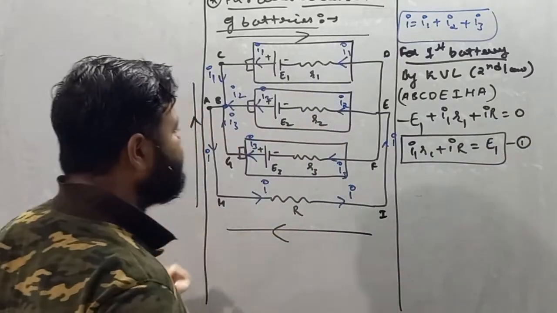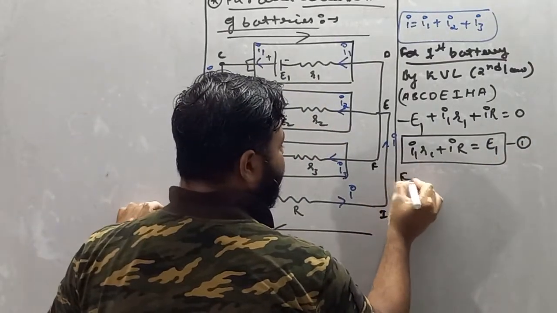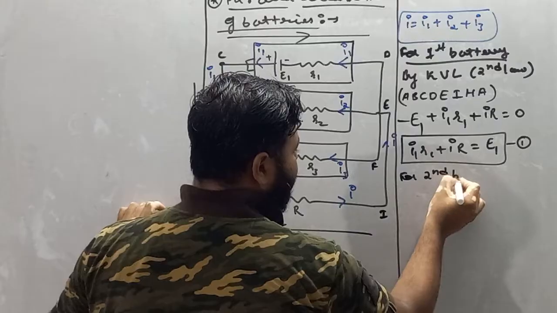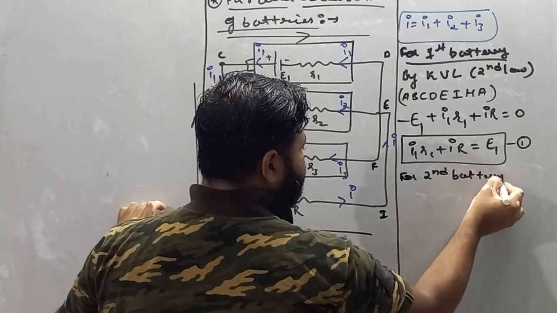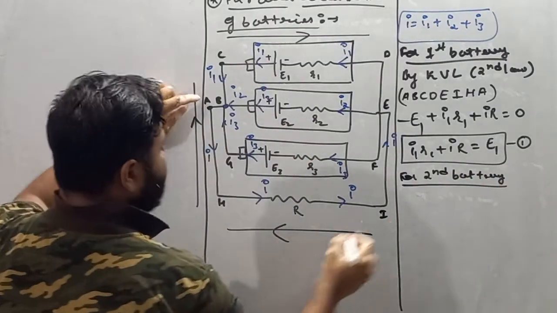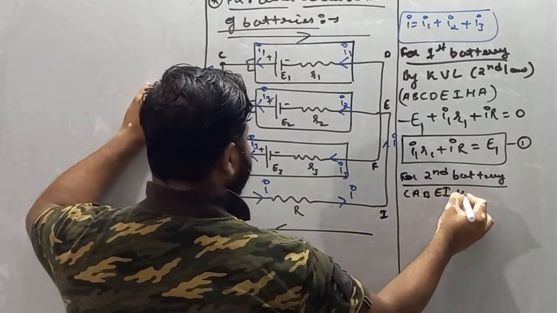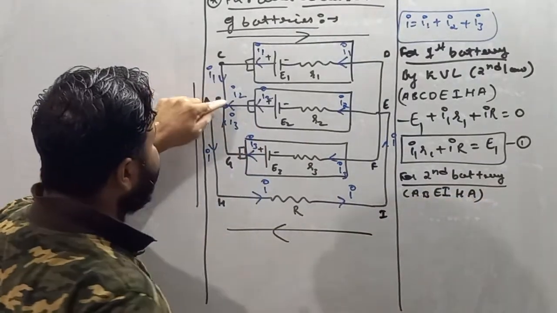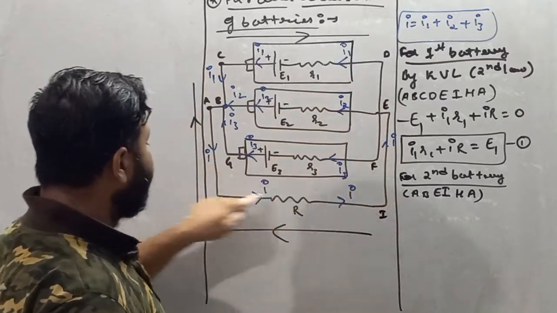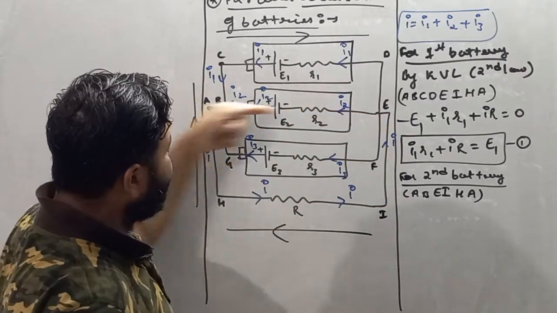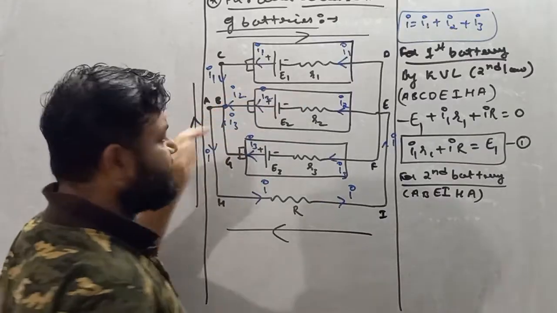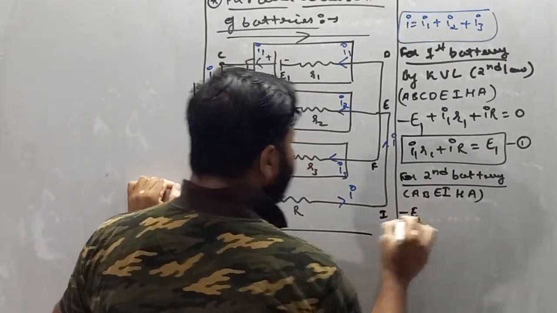Moving forward, my dear student, I am writing KVL for the second battery. So for the second battery, the loop must be A, B, E, I, H and again A. So I am moving like this. Plus to minus, we can write minus E2.